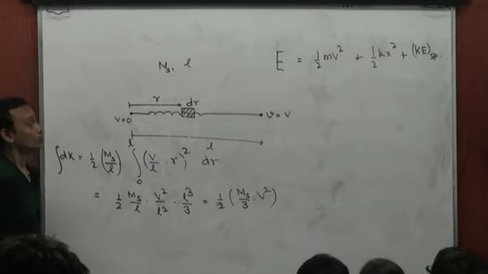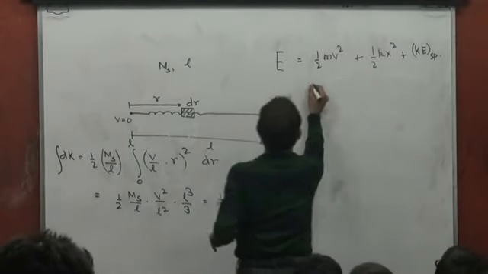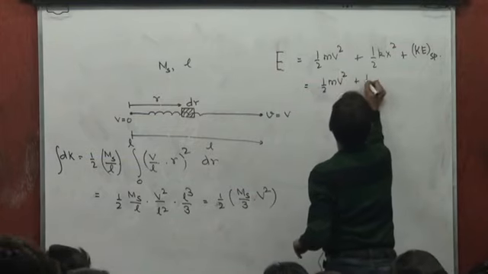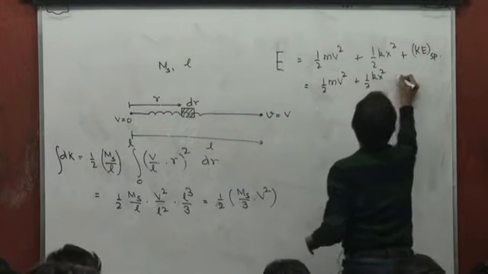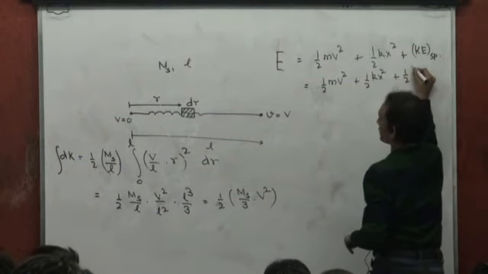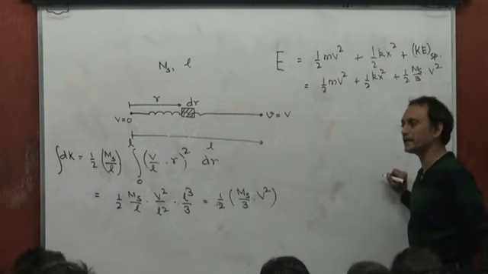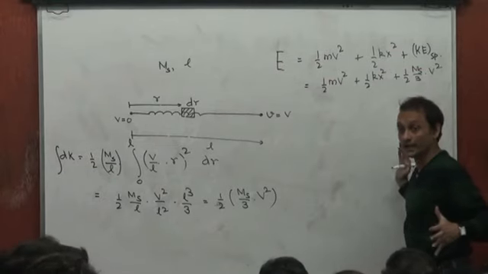Right? Now, come back to this. This is half mv squared, half kx squared plus half of ms by 3 into v squared. That's the kinetic energy of the entire system.